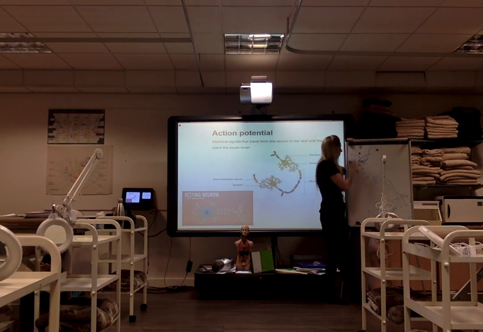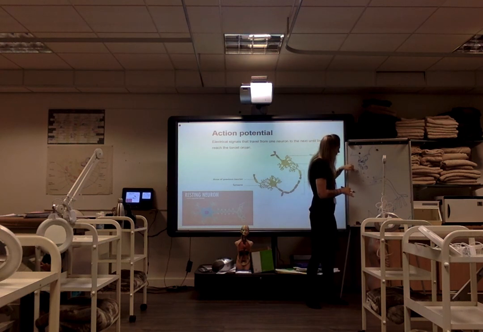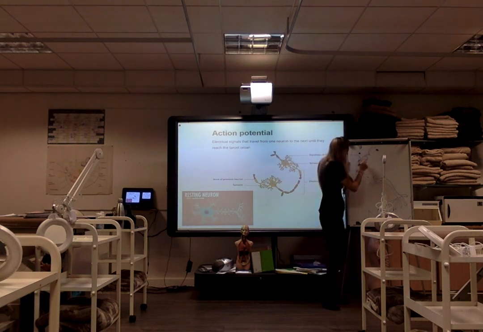The body is trying to create balance, so then it throws out some negative ones, because it's trying to get everything back to a neutral position. And now this charge is travelling. By the time it's pushed the negative and positive atoms out from down below, this gate is now closed.